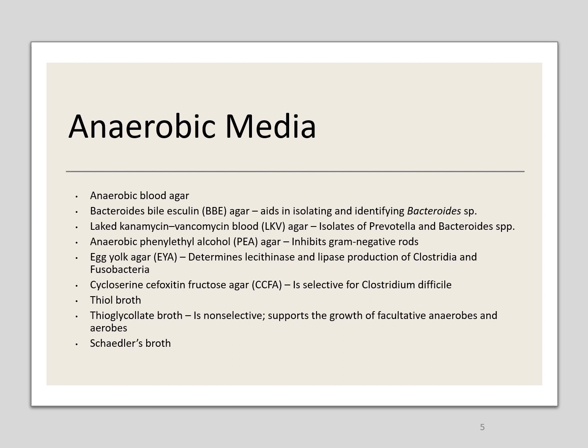And some of your other agars might be used to isolate specific organisms, or to enhance their growth, or to inhibit other potential organisms that could overgrow that culture plate or overgrow those anaerobes. Your CCFA agar is used for Clostridium difficile, and so it would be selective for that organism, and you would be looking for that yellow colony appearance of that organism.